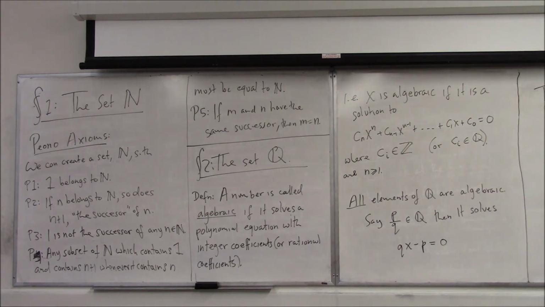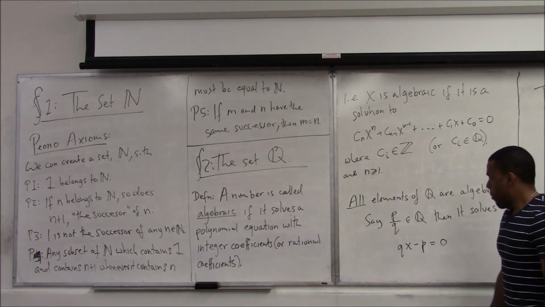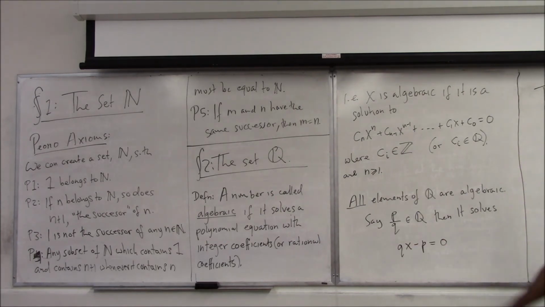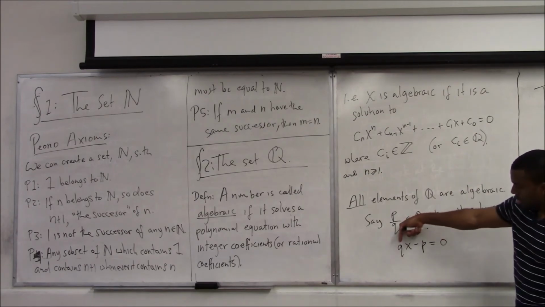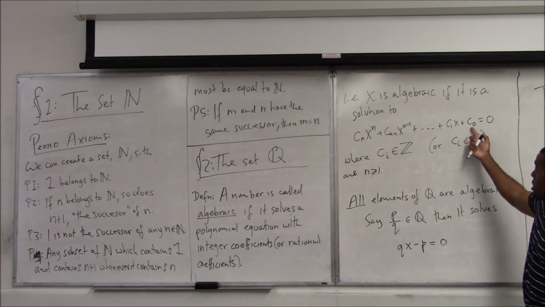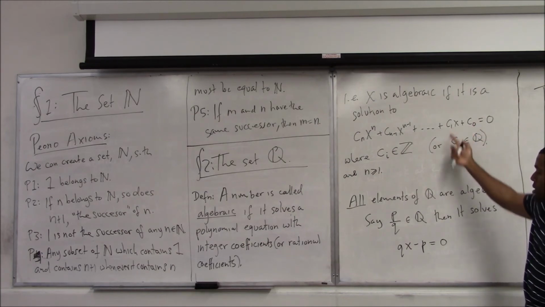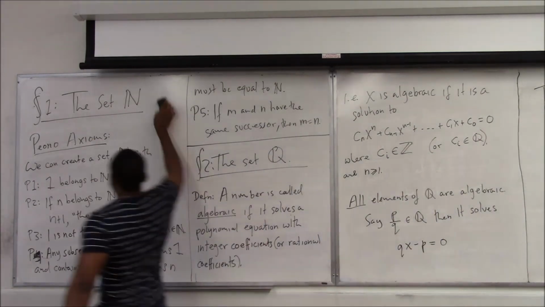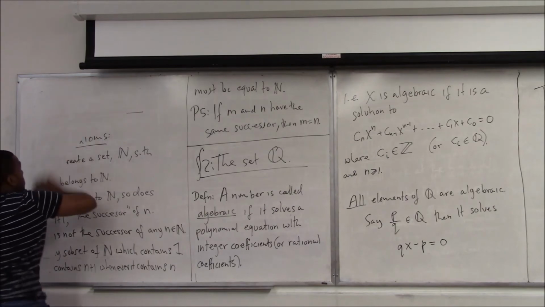If I plug in P over Q here, it solves this polynomial. This is a first degree polynomial. These are integers, so my C0 is minus P and my C1 is Q, and it will solve that. So all these guys are algebraic. We can always solve polynomials with them.